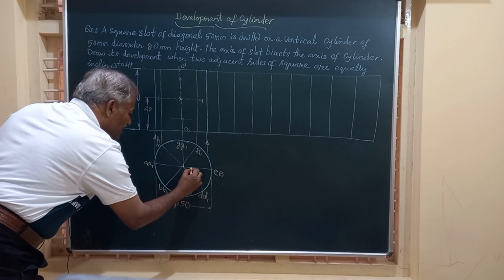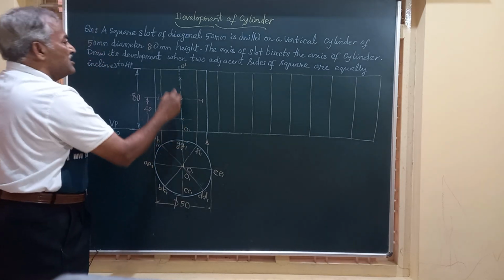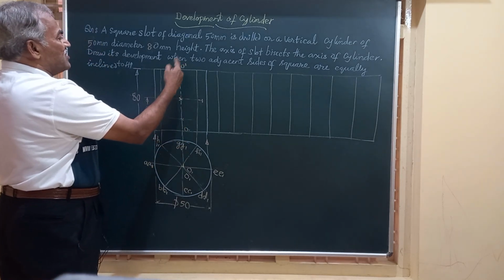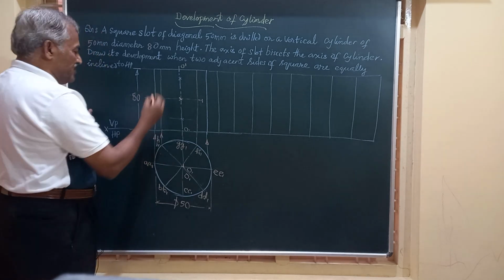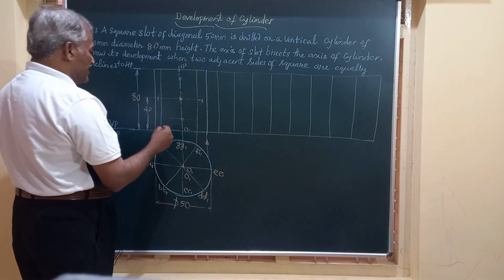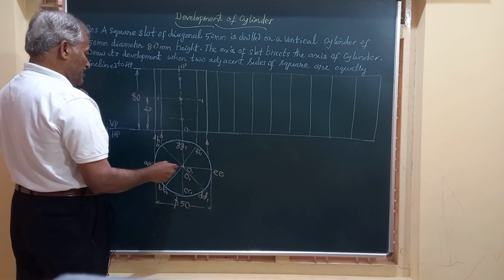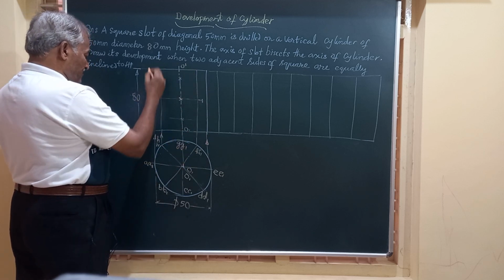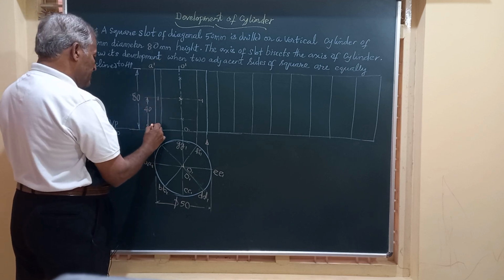And O is the center of this cylinder. I will show here O, O1. O1 is the center of the base. O is the center of the top face. And friends, I have projected all these lines onto the front view. Let us mark the corners of this cylinder. This point is A dash, A1 dash.